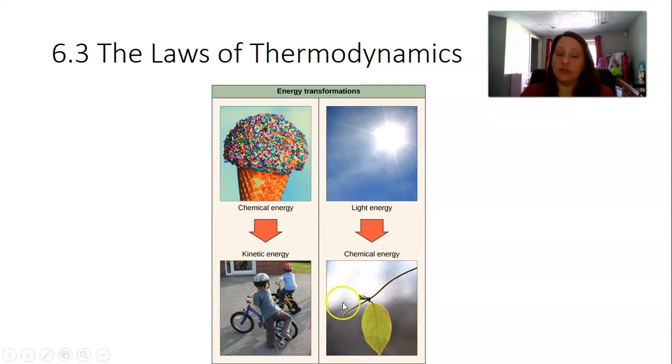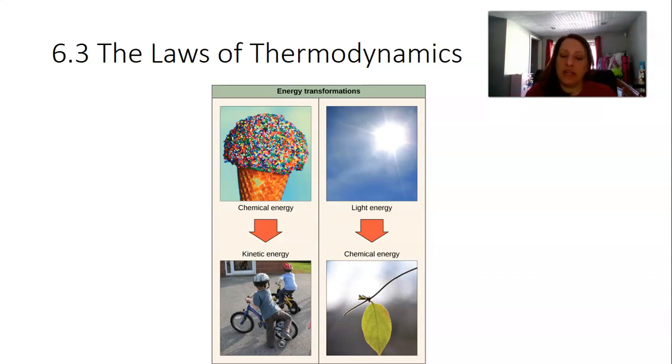Now, those plants can use that energy themselves, right? They could break down that food for ATP, or organisms like us, these little tiny humans, will eat, in this case, we've got a bad example, ice cream loaded with sprinkles, or this could be, you know, an orange or an apple or another piece of fruit or a vegetable or meat.